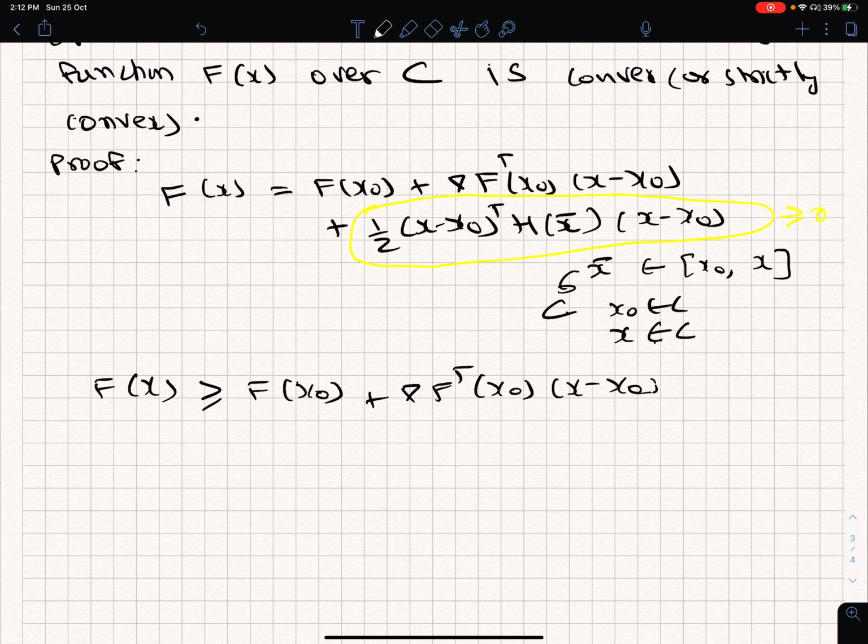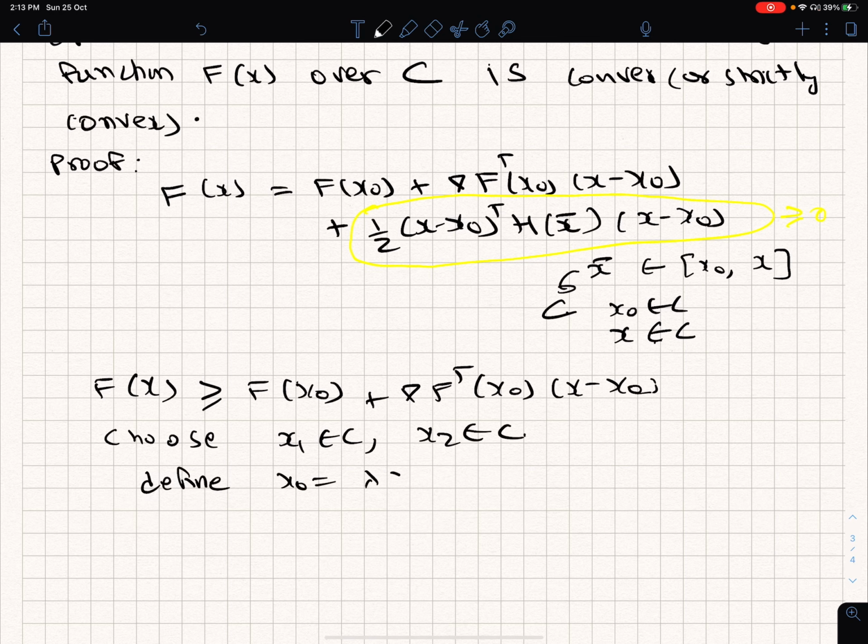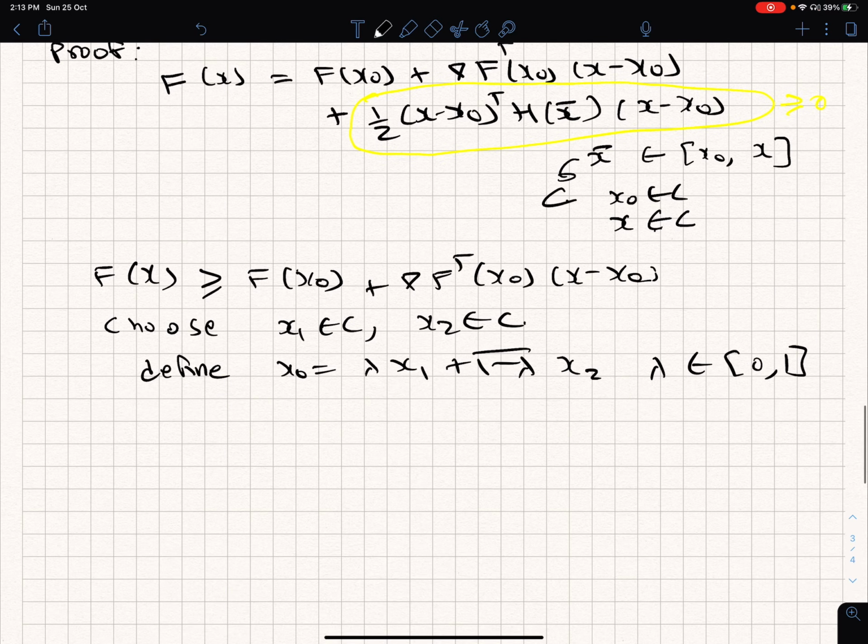Now, the same way as I did last time, choose arbitrarily x1 from C and x2 from C, and define x0 as a point on the line segment joining x1 and x2, with lambda restricted to the interval 0 to 1.